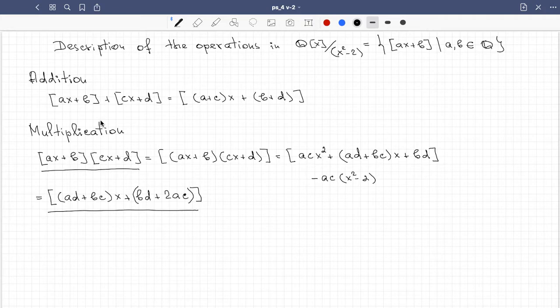So in this field, let me write it down for you, we have 0, which is the class of 0.